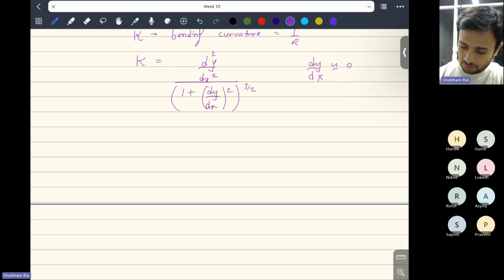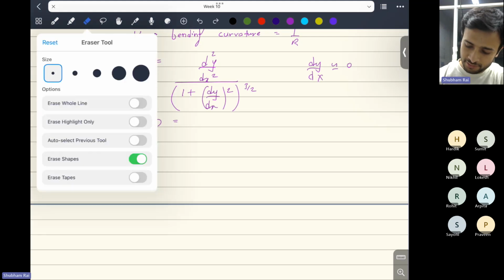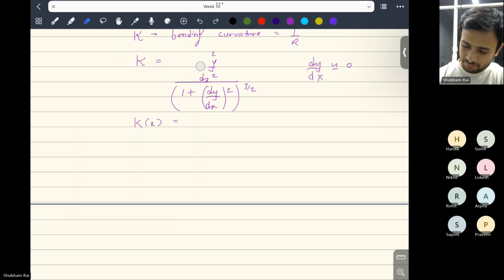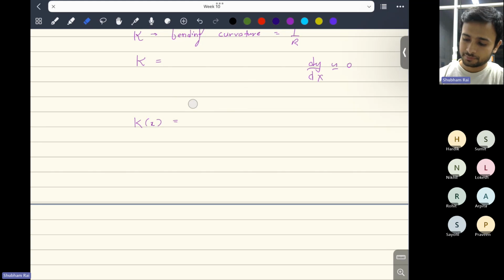Then your kappa becomes a function of x. I'm just writing partial derivatives here, not full derivatives, because y could be a function of any other coordinate z also, but here we are dealing with only x.